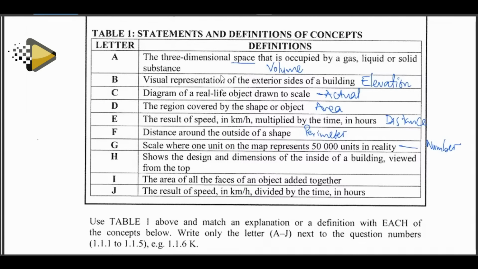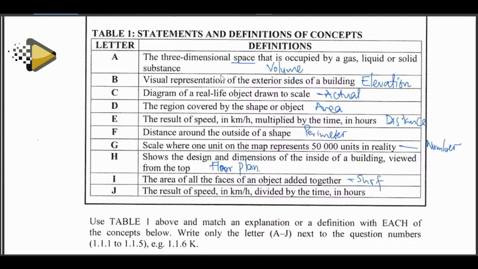Then we go on. It shows the design and the dimensions of the inside of a building. Usually this is what? A floor plan. Then the area of all the faces. Oh, this is called the surface area.